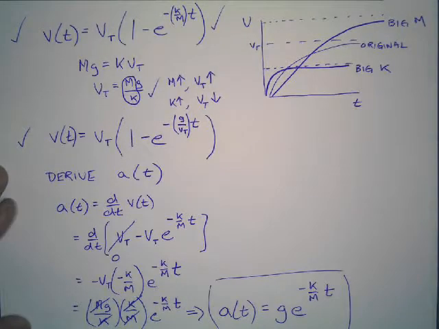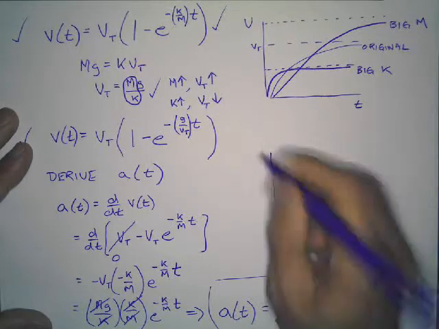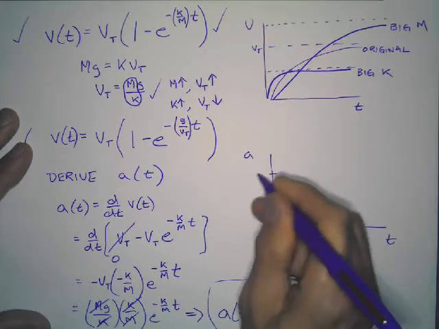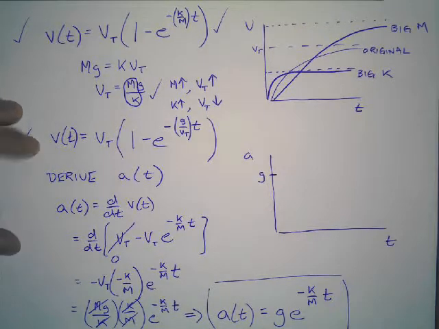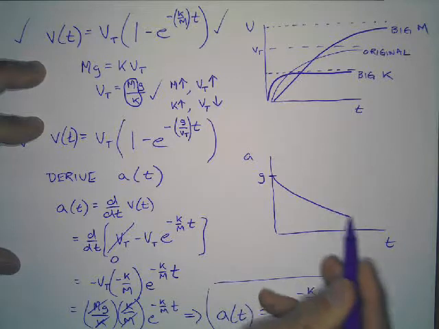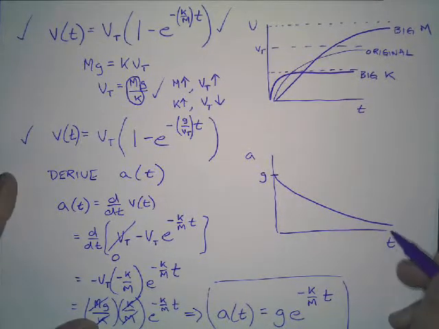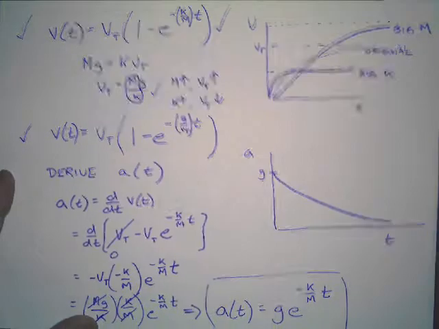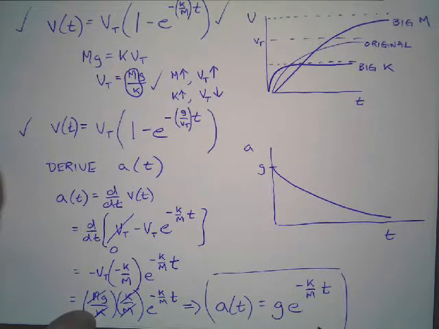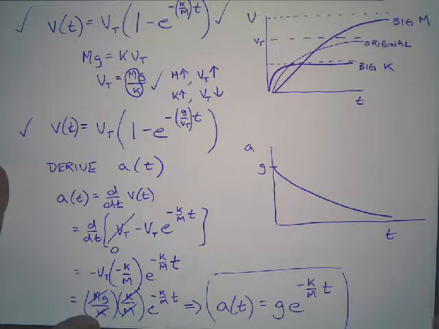Okay, and that's a really nice result because that is an easy one to graph, and it totally matches our prediction, which says that we expected the object to accelerate initially at g, and then to drop off and accelerate less and less as time goes on, eventually approaching 0. So this is basically just the graph of that function. And now you know that this is actually an exponential curve.